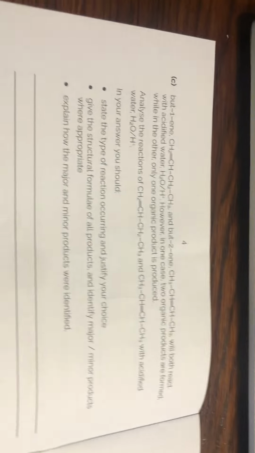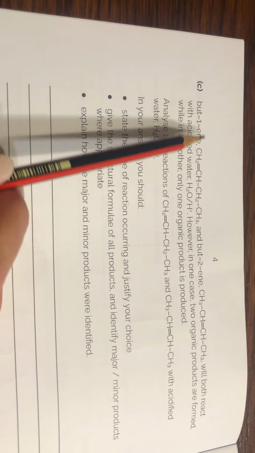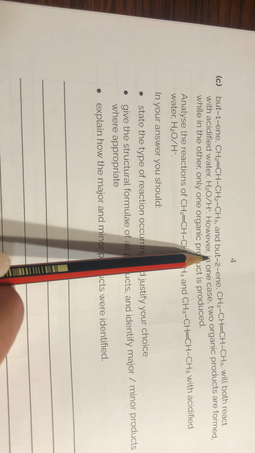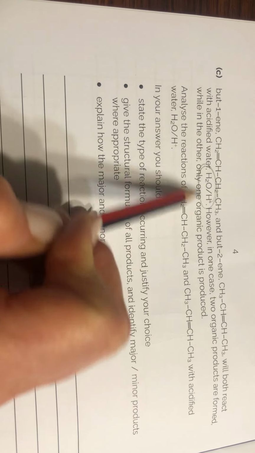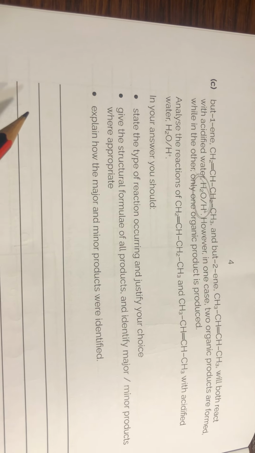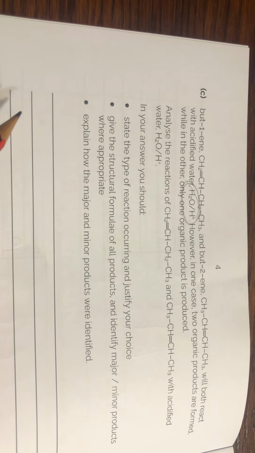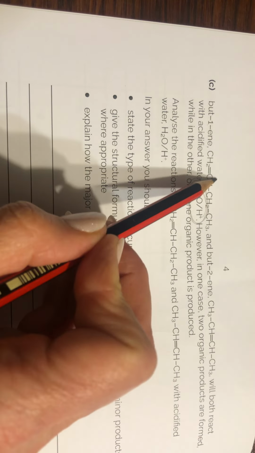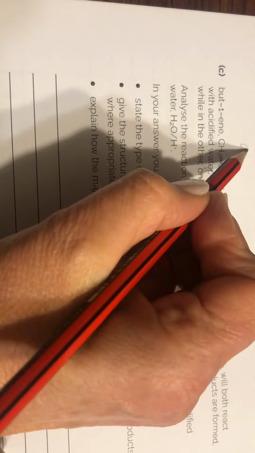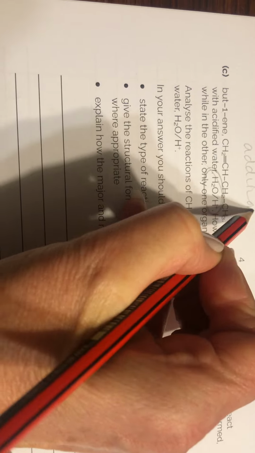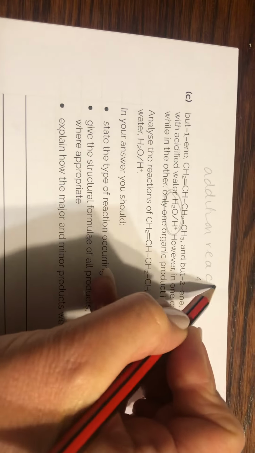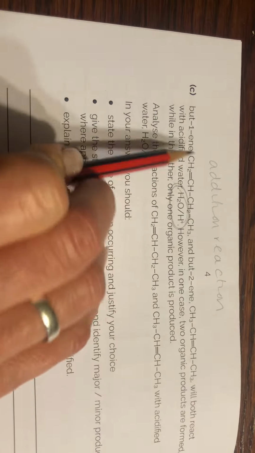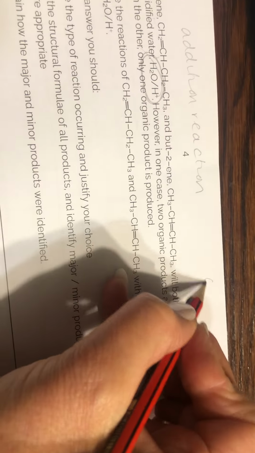Over the page to part C. This is one of our long answer questions. This one is comparing but1-ene and but2-ene, reacting with H2O and H+. One of the key ideas is that when we see a double bond, we're pretty sure it's going to be an addition reaction. There is one other type of reaction that a carbon-to-carbon double bond can undergo, and that is an oxidation.